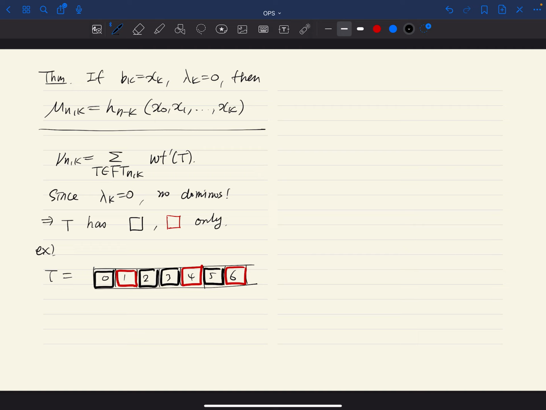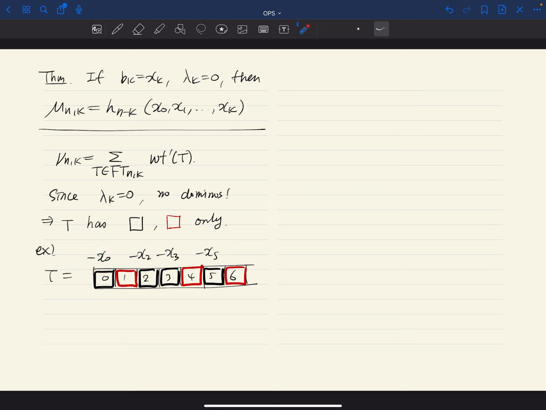And what is the weight? We don't have weight for red things. For these we have b, but b is x, so it's minus x0, minus x2, minus x3, minus x5, like that. So what does that mean? For each of these squares, we have two possibilities, either black or red. But if it's black, we put the weight minus x of that index.